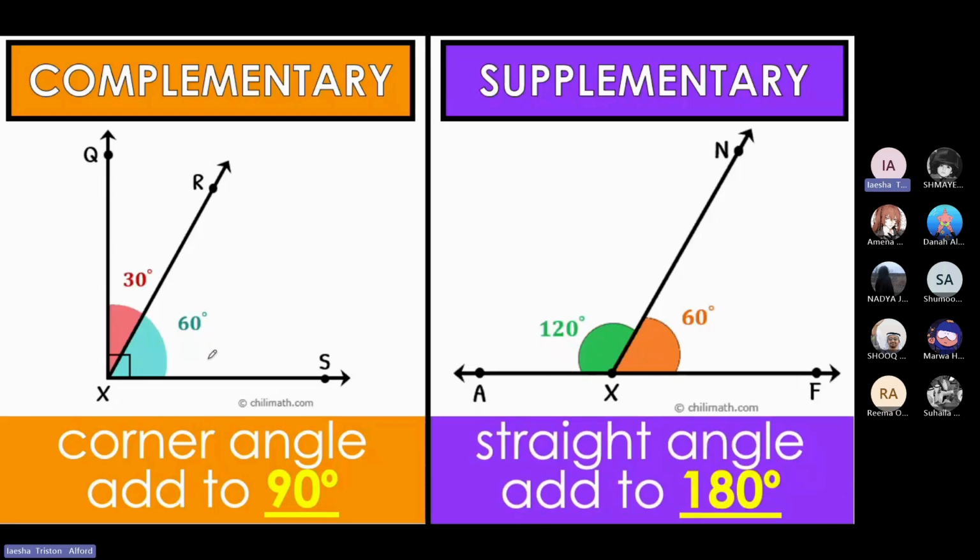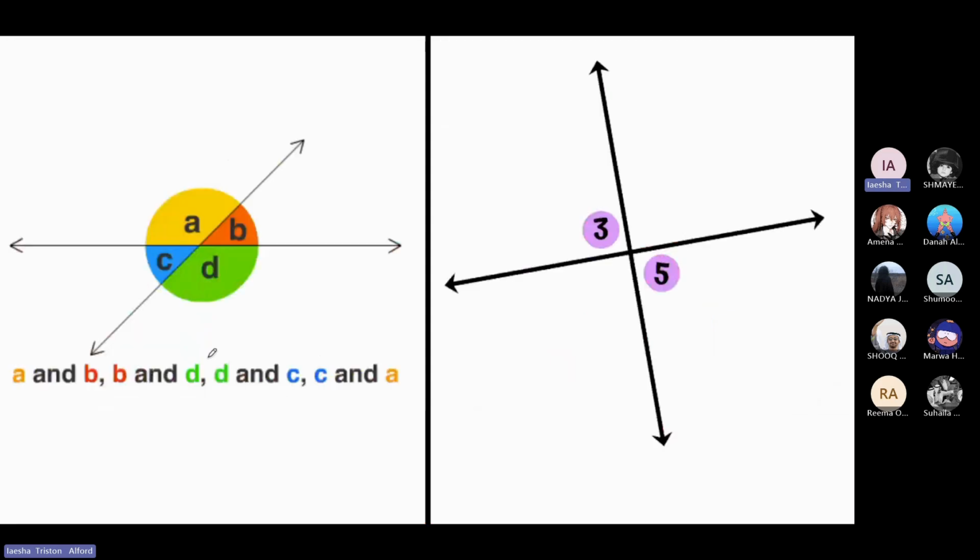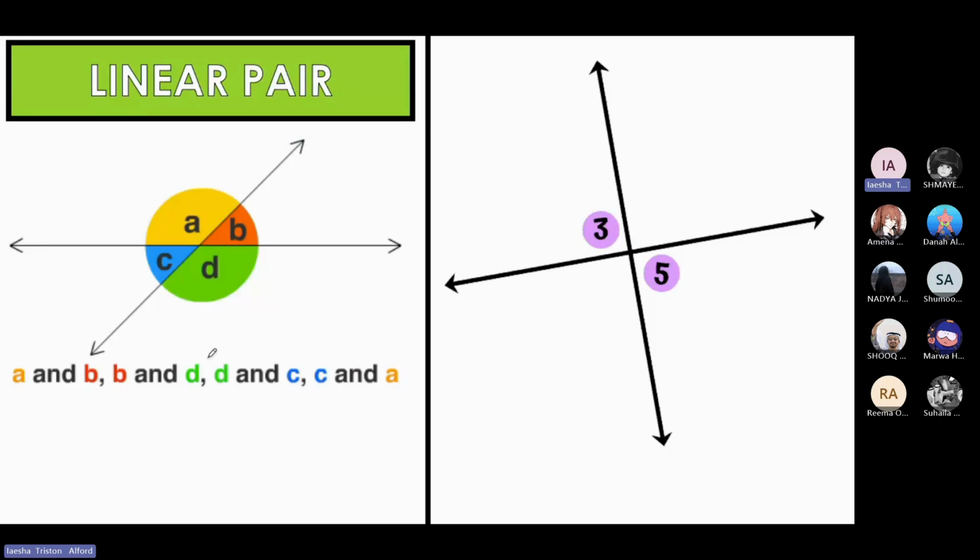Fine. Then A and B, B and D, D and C, C and A, they all have a name. What's the name? Linear pair. That one is linear pair. What do you know about linear pair? What kind of angle is that? Supplementary. Add to? 180.